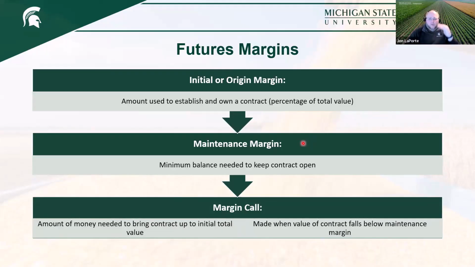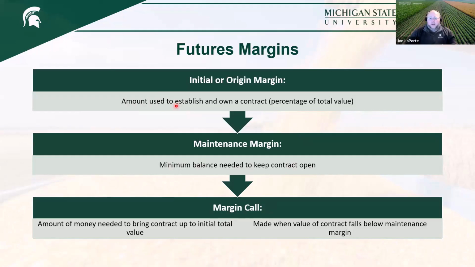But if the prices on the futures market go up or down, depending on what we're looking at, if we're talking about the pricing going down, if it gets below whatever this minimum balance is, then we have a margin call and we have to bring the value back up to that original margin that we started out with. So this original amount of money that we put into it. So you could theoretically start out putting in a certain amount of money and then end up having to add even more money to keep that contract open.